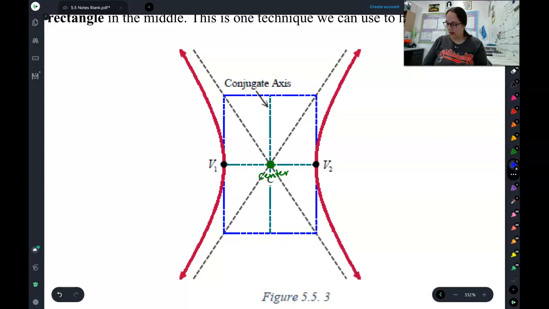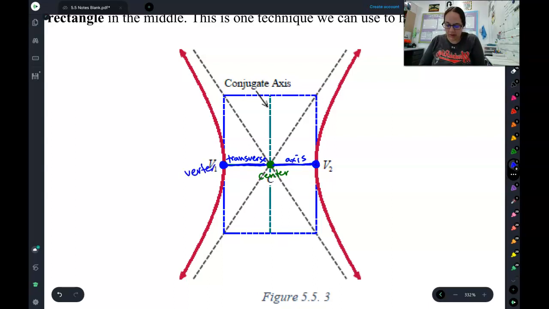The next vocab we have is our first new one. It is the transverse axis. This transverse axis connects the two vertices of our hyperbola.